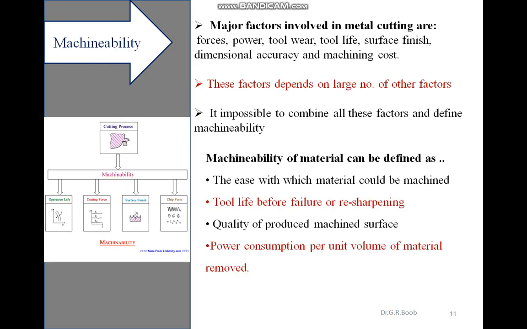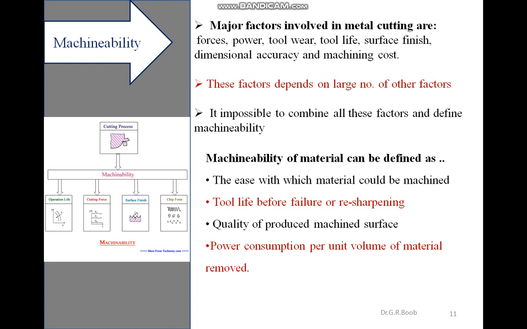Then machinability. There are many factors which are responsible for machinability. Major factors involved in metal cutting are forces, power, tool wear, tool life, surface finish, dimensional accuracy and machine cost.